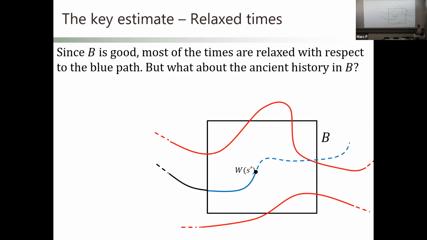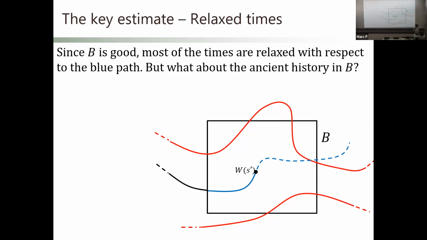So basically, you mentioned that the concept of relaxed means that you're not spending too much time in the recent past. Yeah. And then, how do you guarantee that in the distant past you're not spending too much time in the box? Yeah, so this box B is large enough that we know that there are no heavy boxes on that scale. So we only have to worry about smaller scale boxes around here. As you say, they're relaxed with respect to the local history.